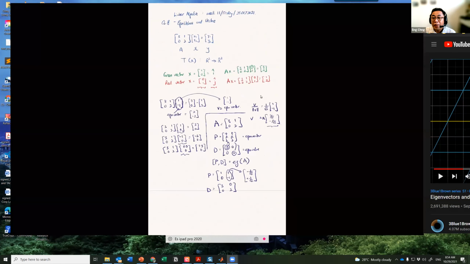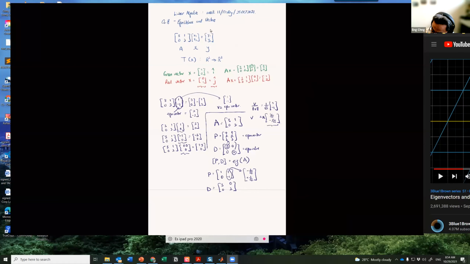Okay, so in this first slide, I have used the 3 blue, 1 brown example to show you the linear transformation, and introduce you to what is an eigenvector and the eigenvalue, which is basically a number that will tell me how much my corresponding eigenvector will scale.